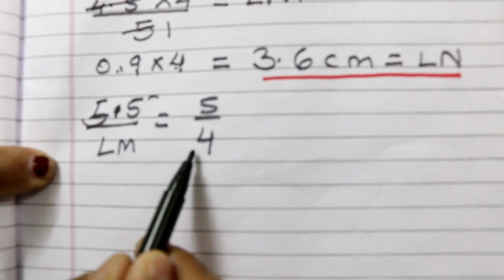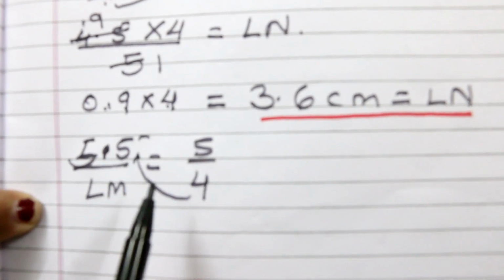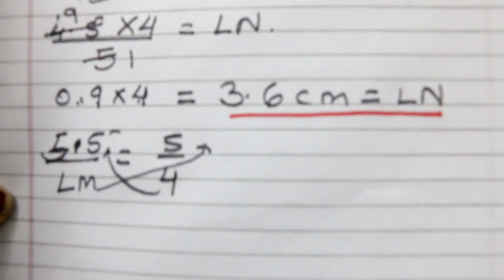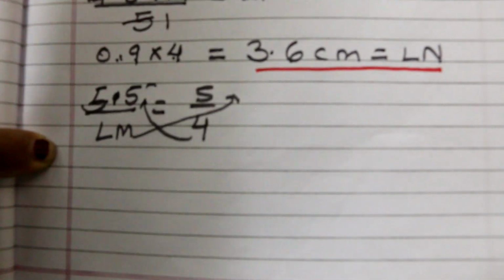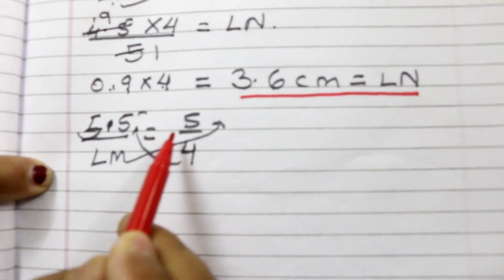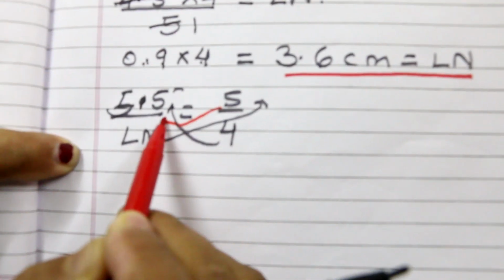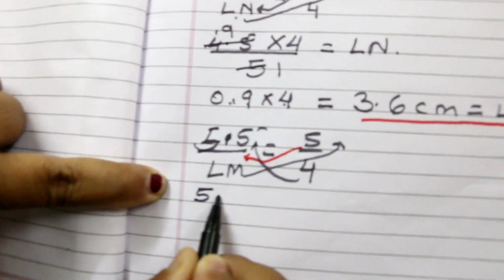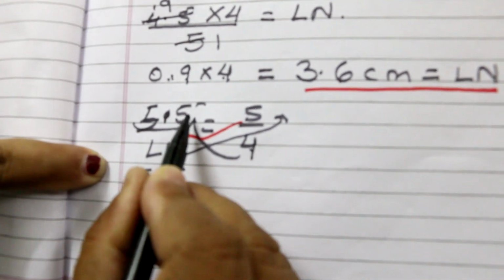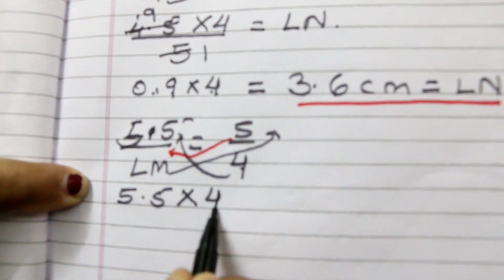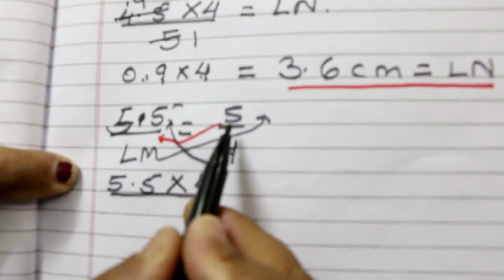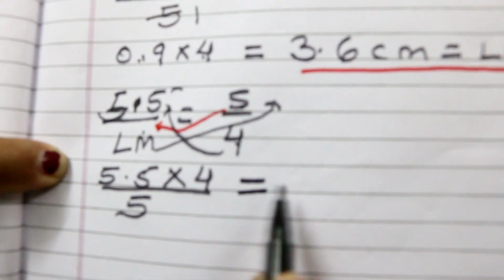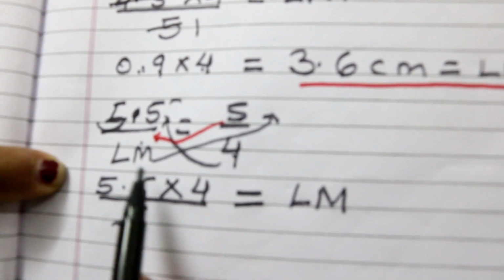Same way, 4 we will shift here and LM we will shift in place of 5, and 5 I am going to shift down. See children, 5.5 into 4 is going to go up, into 4 upon 5 is coming down and LM is going up in place of 5.